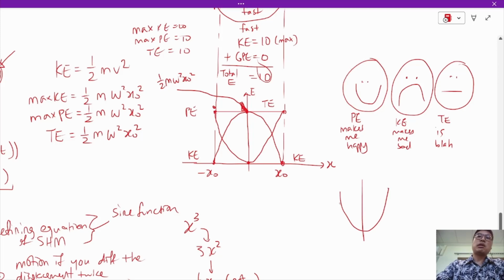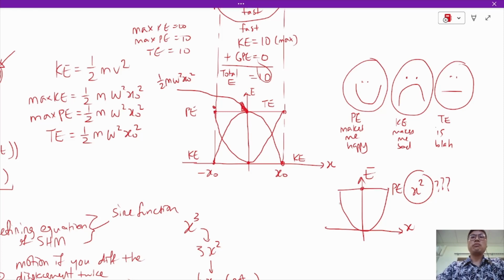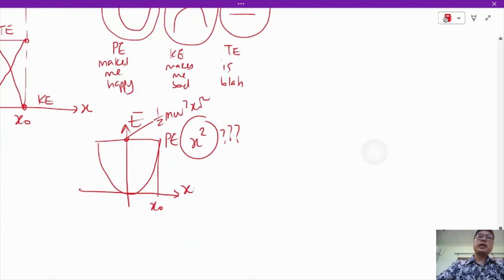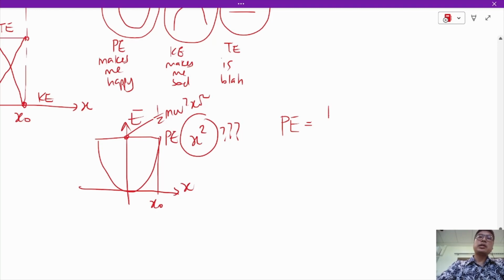Now, does this PE graph remind you of any other graph? PE and x. Doesn't it look like an x squared graph to you? It's an x squared graph where the maximum value at x naught is half m omega squared x naught squared. So this means that, we can make a guess, the potential energy graph is an x squared graph, and it's going to be half m omega squared x squared.